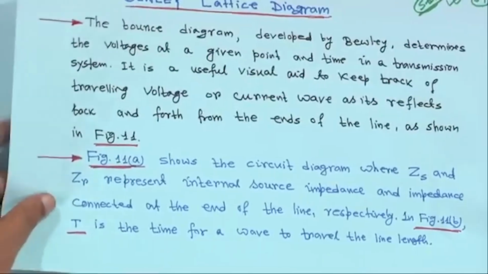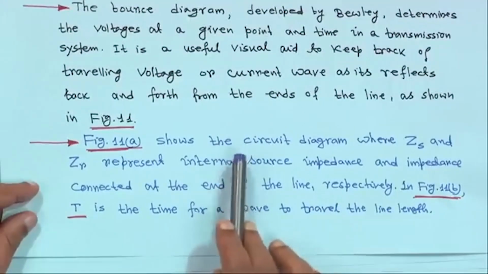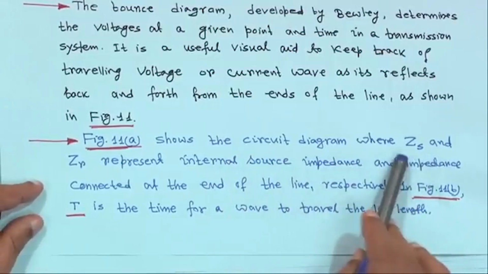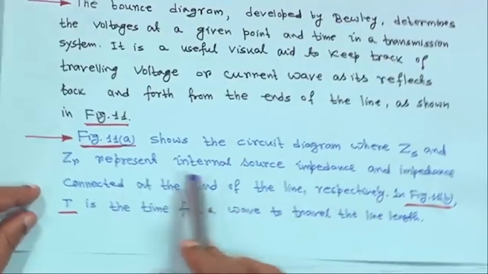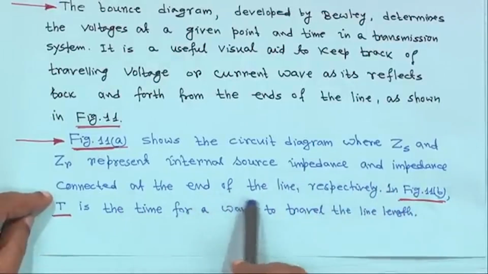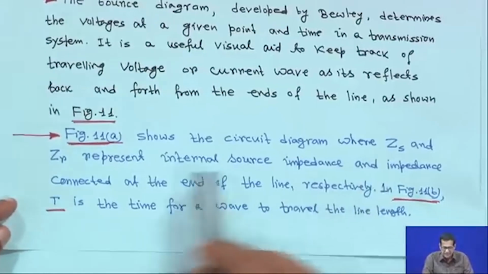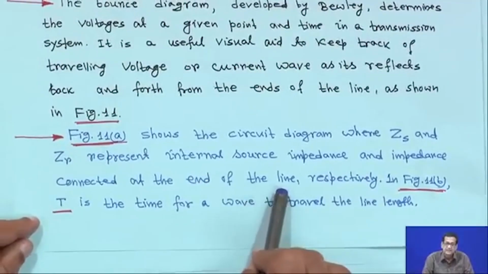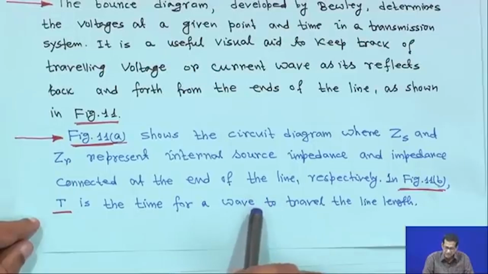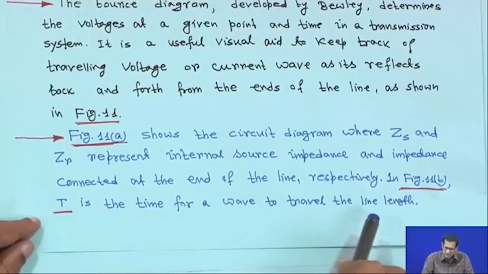First, before showing the diagram, figure 11a shows the circuit diagram where Z_S and Z_R represent the internal source impedance and the impedance connected at the end of the line. Z_S is the source impedance or internal impedance, and Z_R is the impedance connected at the end of the line. In figure 11b, t is the time for a wave to travel the line length.